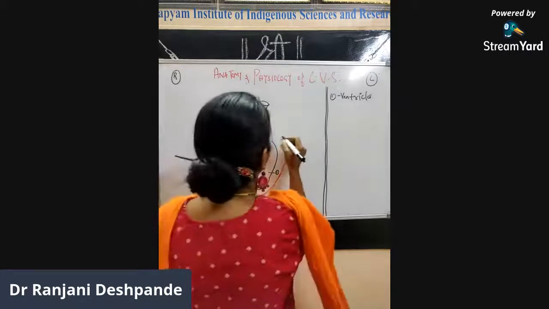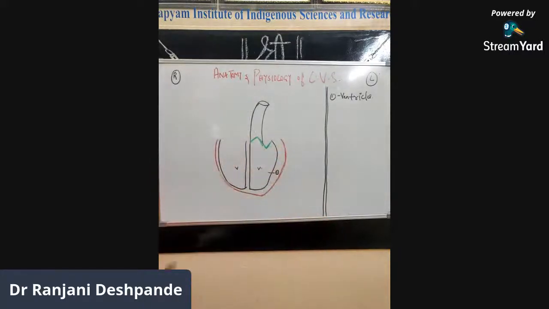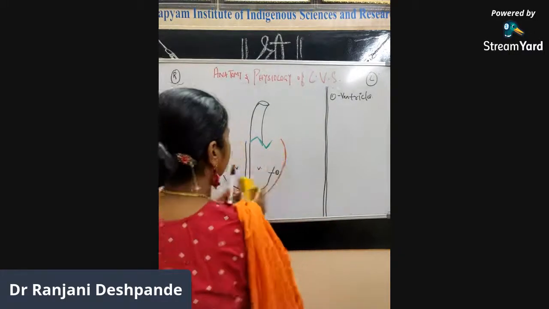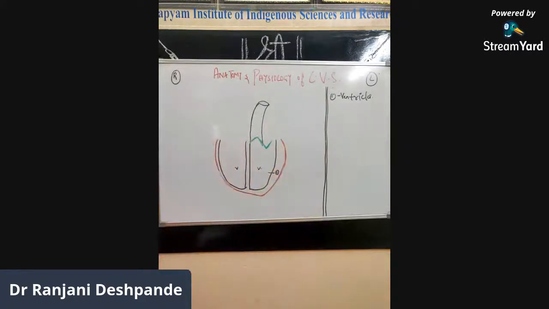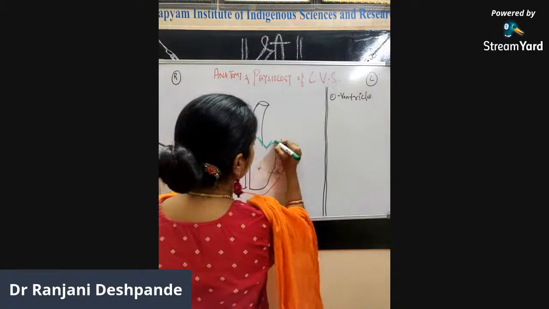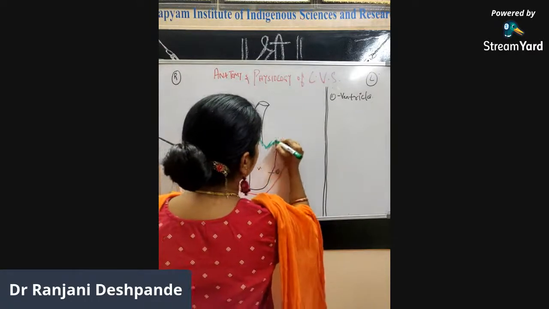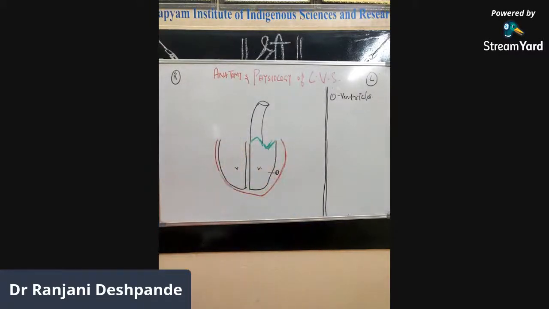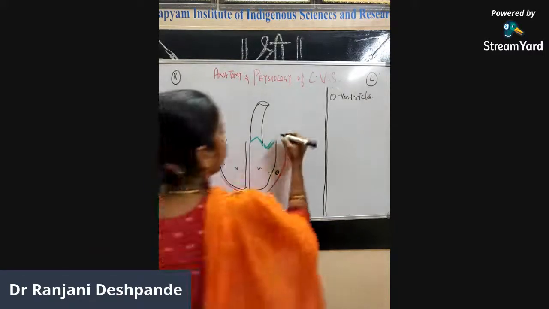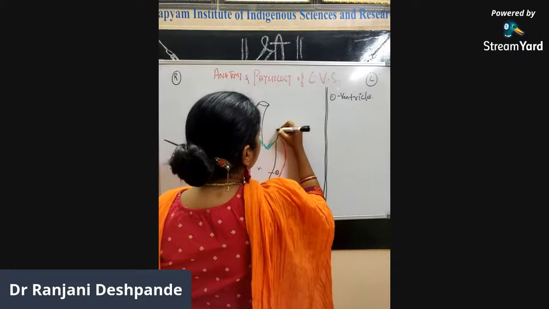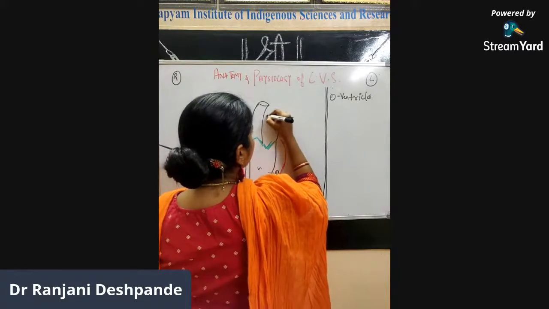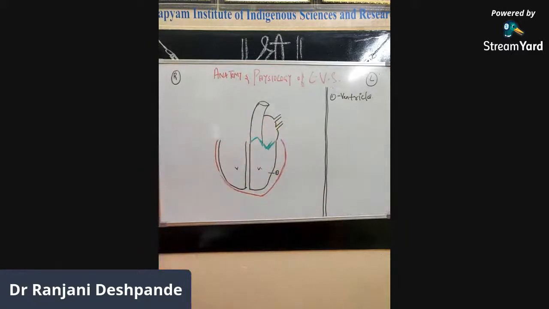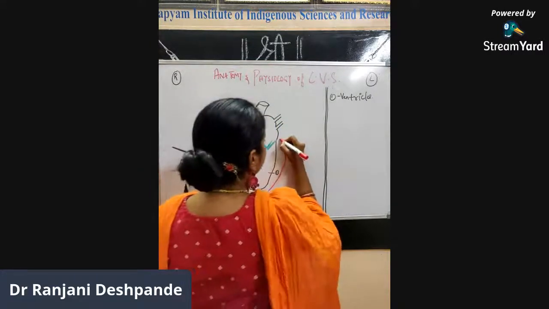Now let us complete the atrium. The atria again have a considerably thinner muscular layer. So here it is thinner.